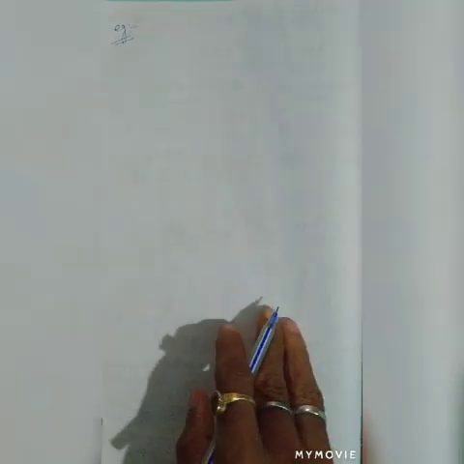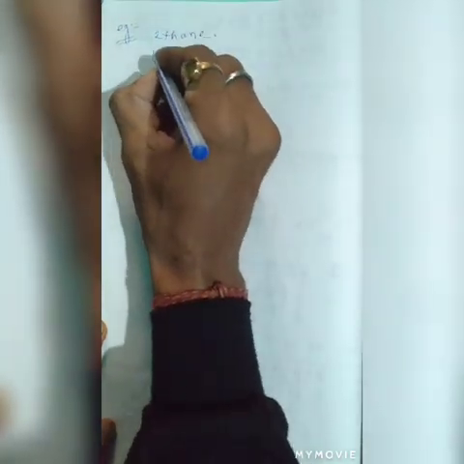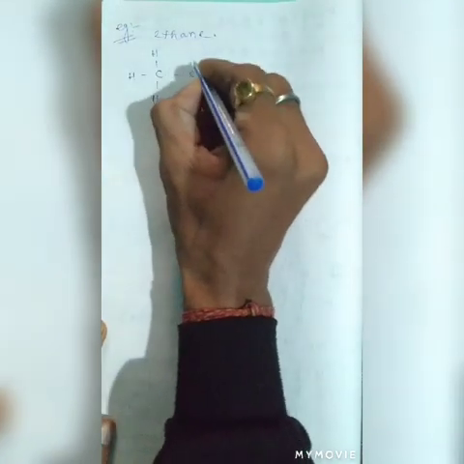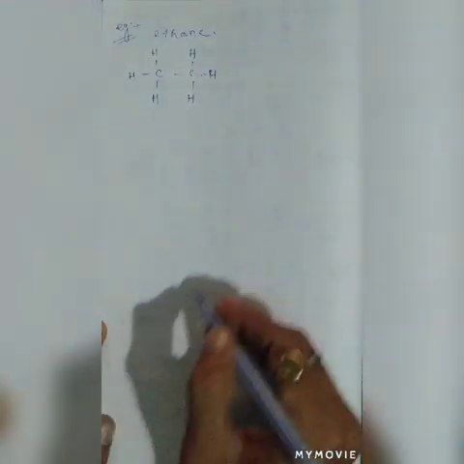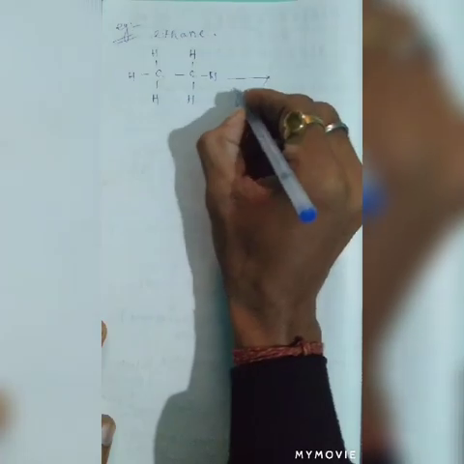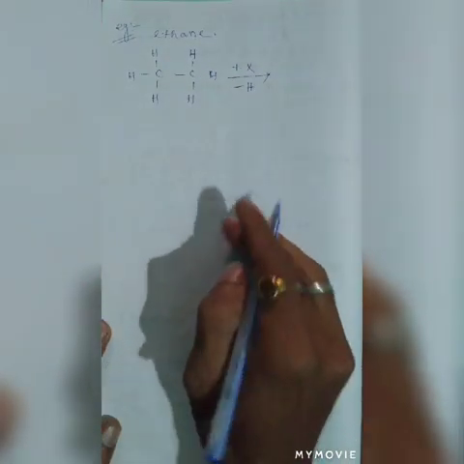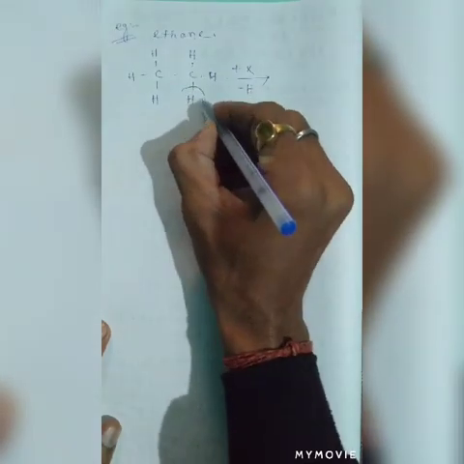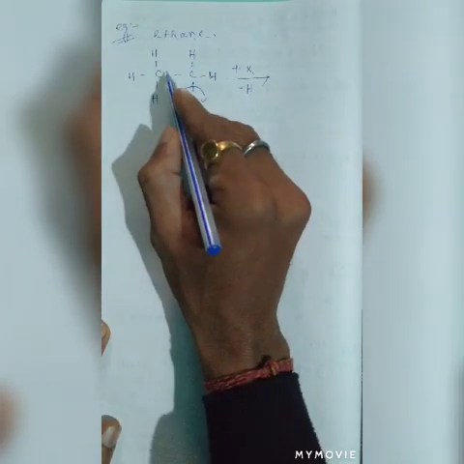What is the example of monohalogen derivatives? We can take an example of ethane, CH3 CH3. This is ethane. Replacement of one hydrogen atom, minus H, and the addition of one halogen group, that is X. You can take any halogen group. You can remove any of the hydrogen atoms of the alkane.